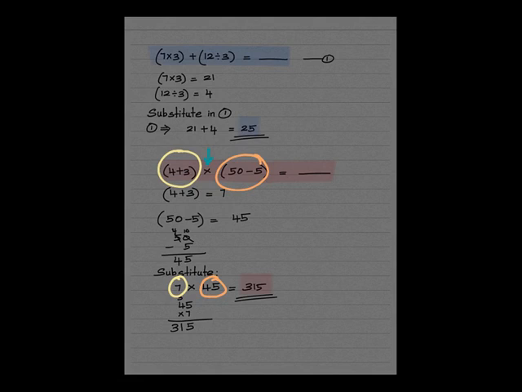Don't forget to use the same times sign which is in the question. So make a times sign between the 2 values. So you have to multiply 45 times 7. When you multiply 45 times 7, we get the answer 315.